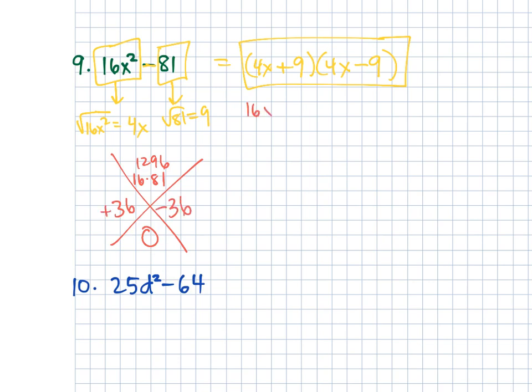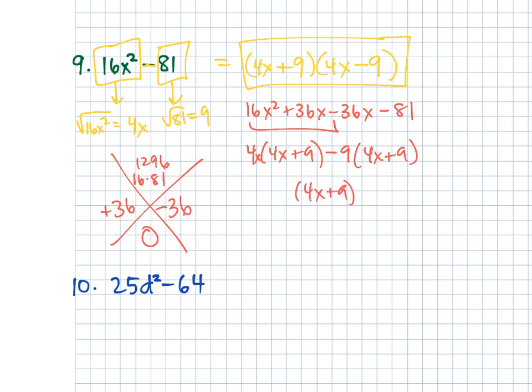So this becomes 16x squared plus 36x minus 36x minus 81. And then 4x plus 9 minus 9, 4x plus 9. So it's 4x plus 9 times 4x minus 9.